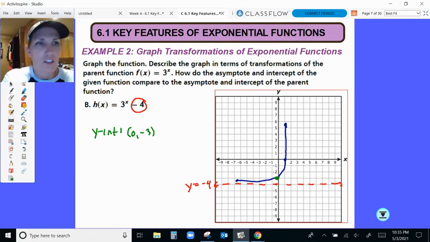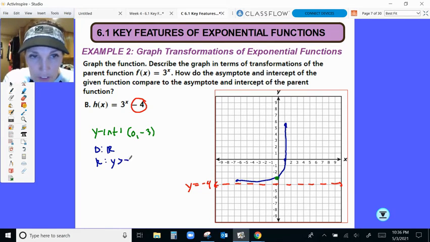Let's look at our domain and range. Our domain is still all real numbers, but our range has changed a bit because now y is greater than -4, because it shifted. So it's going to be greater than whatever our shift was there. I think we have everything there.